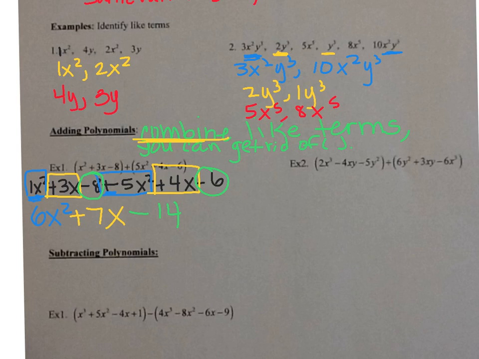All right, so again, I'm going to get rid of the parentheses. So I have 2x to the third minus 4xy minus 5y to the second plus 6y to the second plus 3xy. And I'm sorry, I have to squeeze this in here.